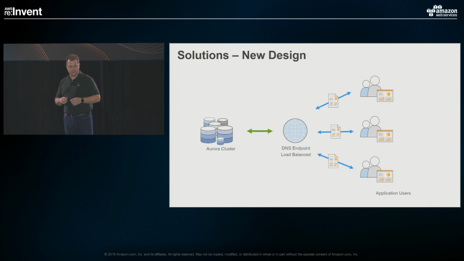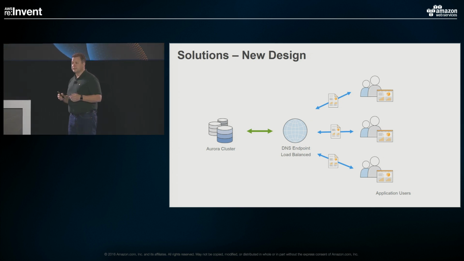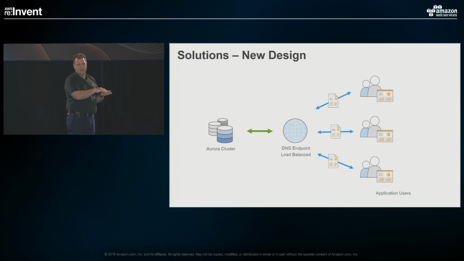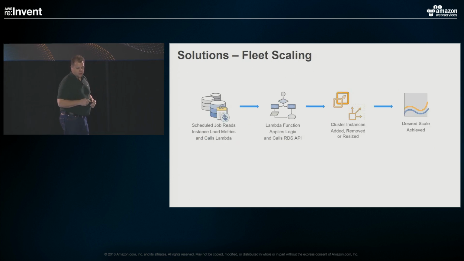Now when those users go home, we can scale down our Aurora cluster and save money during the off hours. That means the line between resource allocation and resource consumption that we are so familiar with becomes much more closely matched, with fewer gaps in between. This is generally how you would implement this, with fleet scaling as I just described.